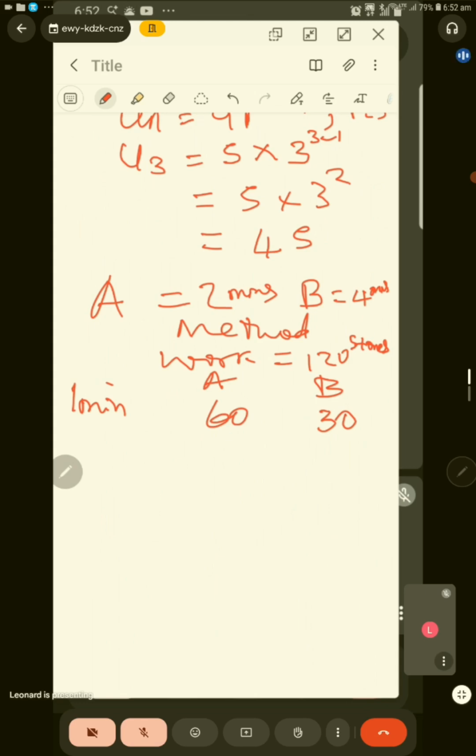Remember, 1 minute, 60 stones means 60 seconds, 60 stones, because 1 minute is 60 seconds. So we can also arrive at saying that 10 seconds gives 10 stones. The remaining 30 stones: 10 seconds, 10 stones, another 10 seconds, 10 stones, then 5 stones remaining another 15.